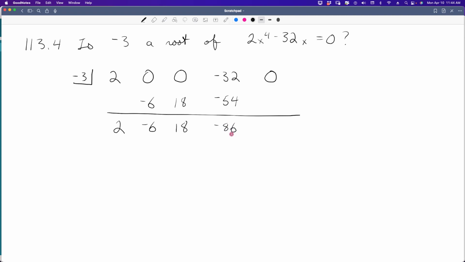Negative 3 times negative 86 is going to be 258. We combine those, we get 258. That's our remainder. So the answer is no. It is not a root or a 0 of this polynomial equation because we have a remainder.